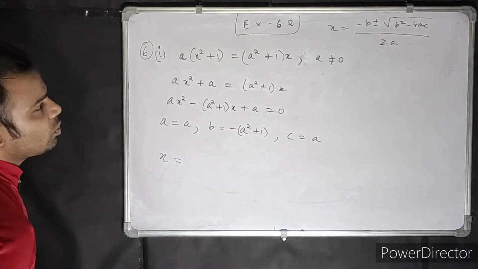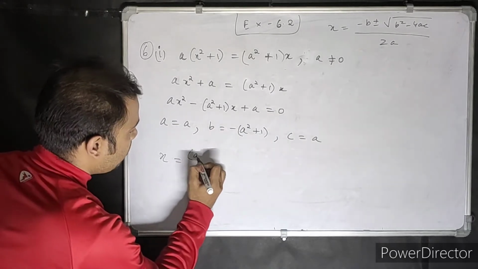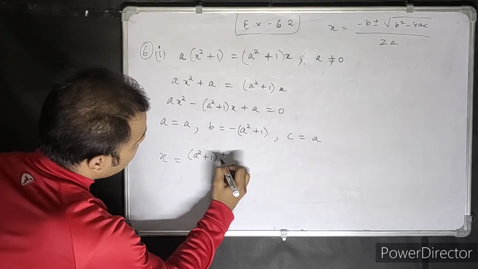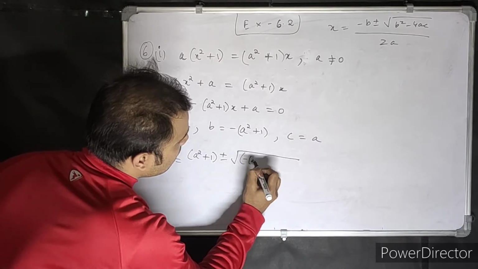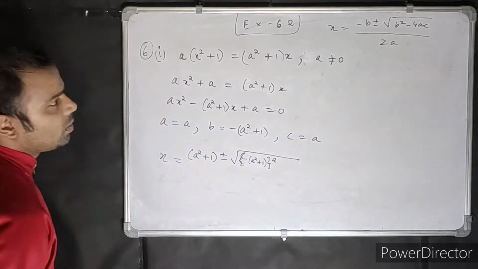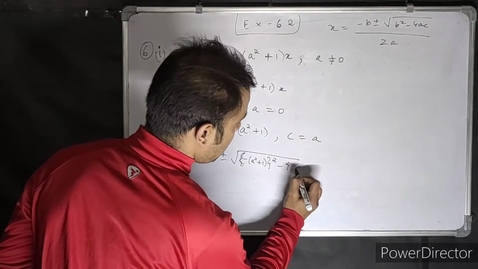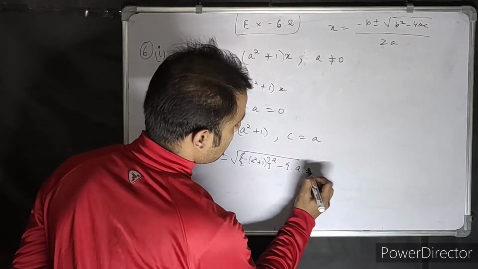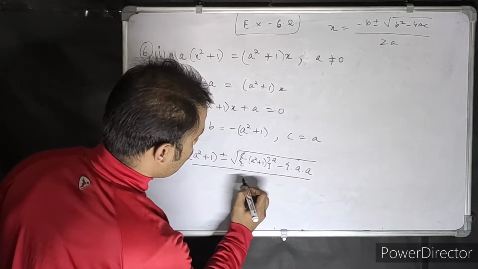So x is equal to minus b, that is minus of another minus is just a plus, a square plus 1, plus minus root over b square, that means minus a square plus 1 whole square. Understood? This whole square. Minus 4 into a is a only and c is also a. Whole thing divided by 2a.